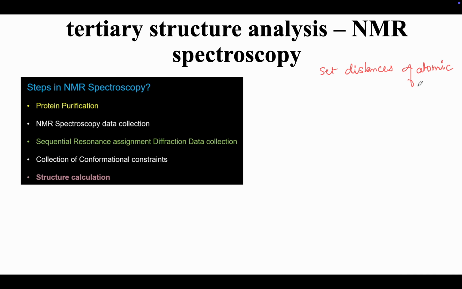X-ray crystallography utilizes the electrons in the atom, how the X-rays are diffracted because of electrons, whereas NMR spectroscopy utilizes the set distances from the atomic nuclei. This is a very important differentiating factor between X-ray crystallography and NMR spectroscopy.